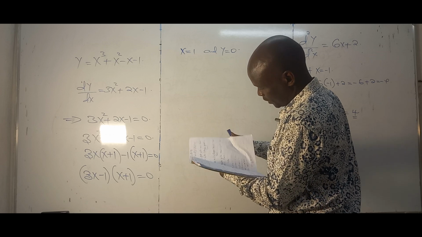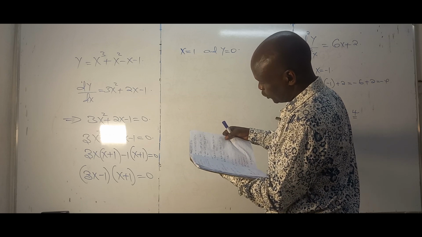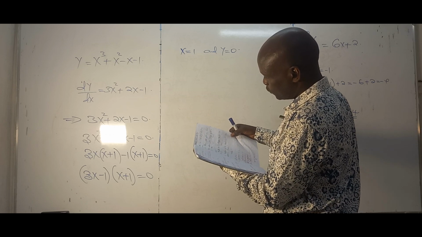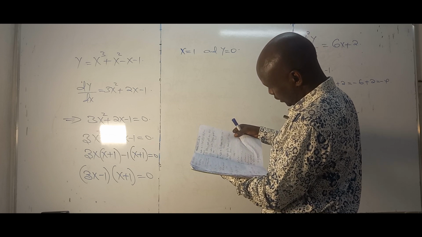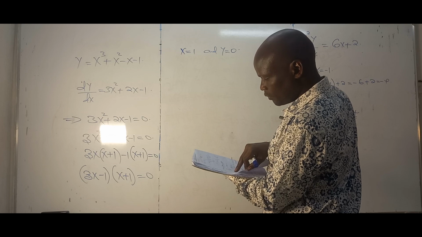Just a minute, the equation of the tangent to the curve at x is equal to 1, and x is equal to 1, we are the same. Did we find it? No, x was negative.